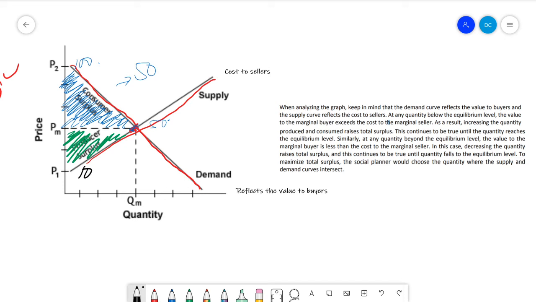Okay? 50 minus 10 will give what? Will give us 40. 40 na producer's surplus.